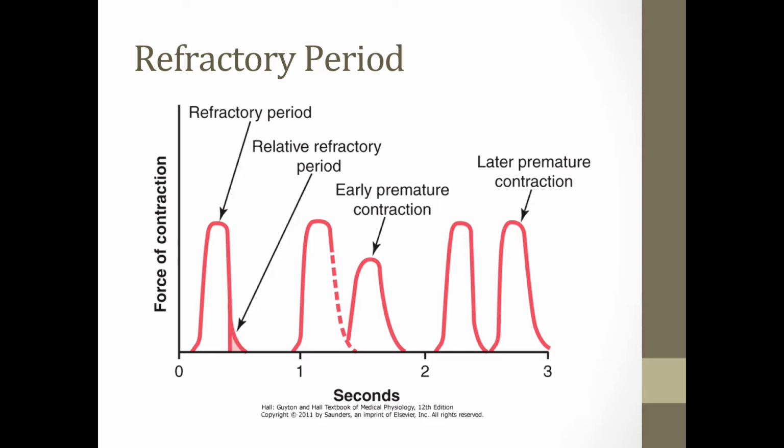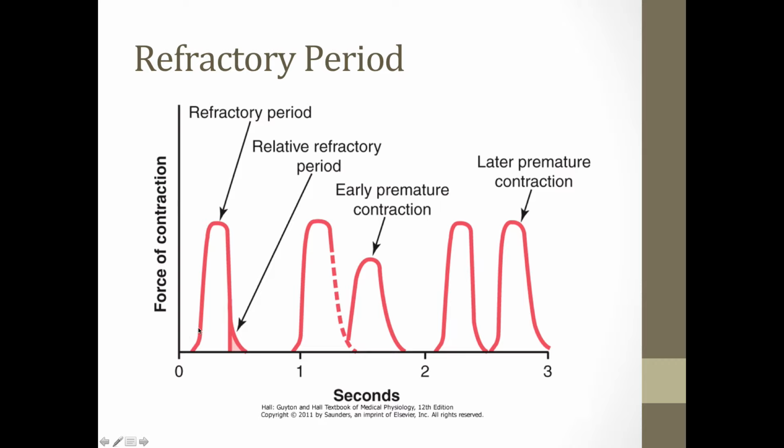One other thing that we've mentioned about other action potentials too is there is a time when there should not be another stimulation. That is called the refractory period. So the refractory period is when it is physically impossible to have another action potential.